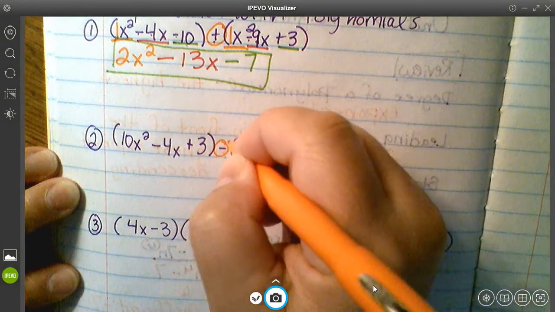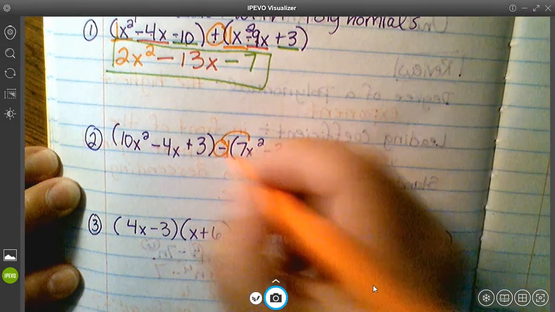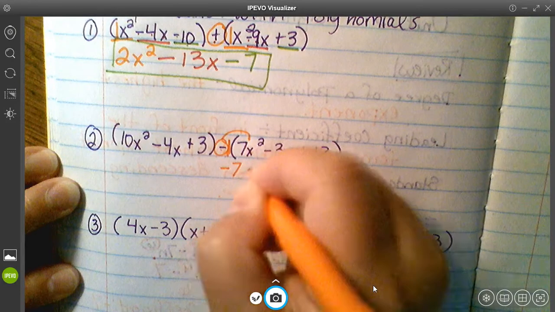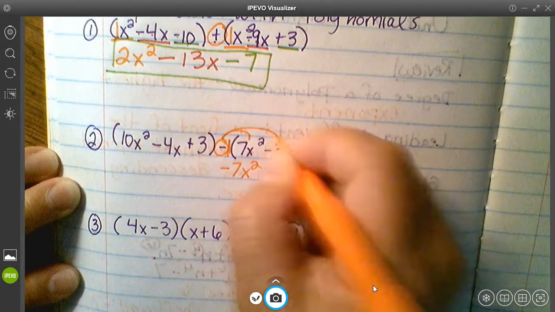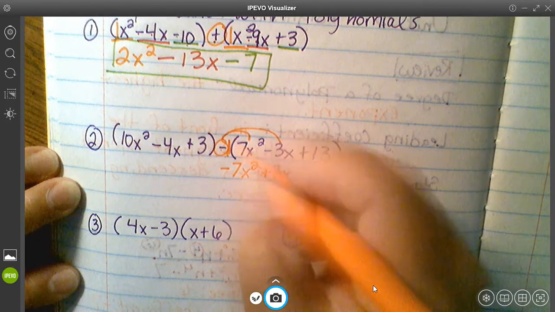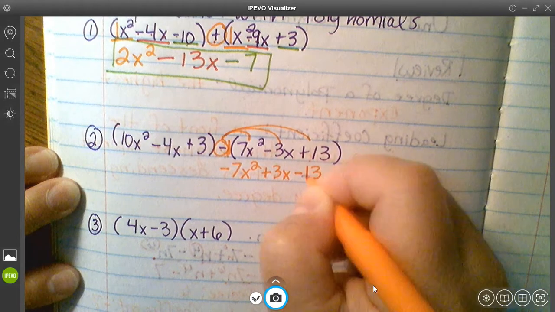So what I do is I pretend like this is a negative 1 and I distribute. Negative 1 times 7x squared is a negative 7x squared. Negative 1 times a negative 3x is a positive 3x. And negative 1 times 3 is a negative 3.